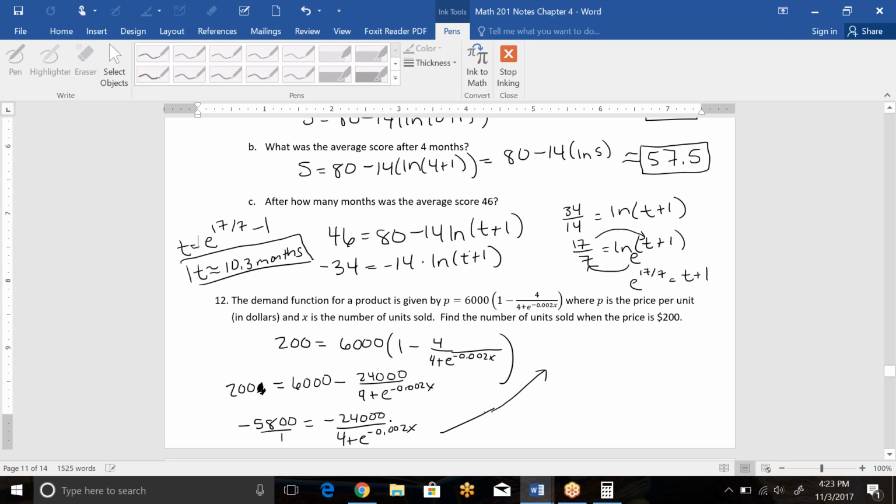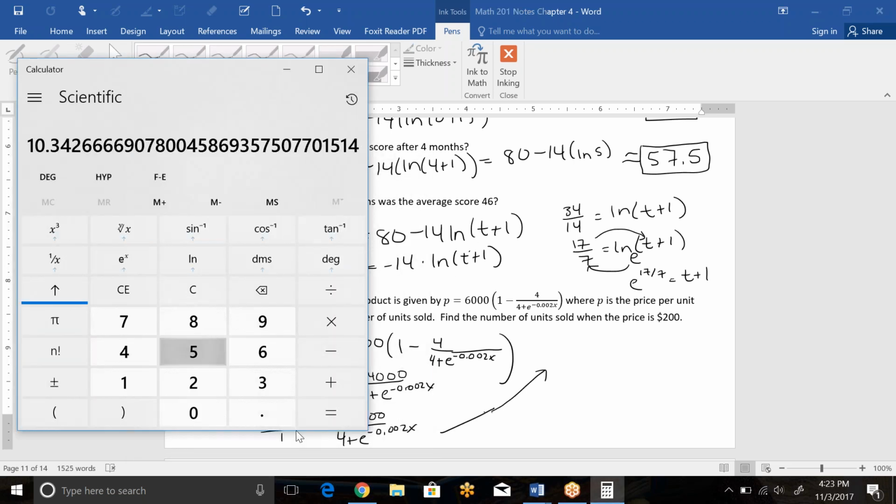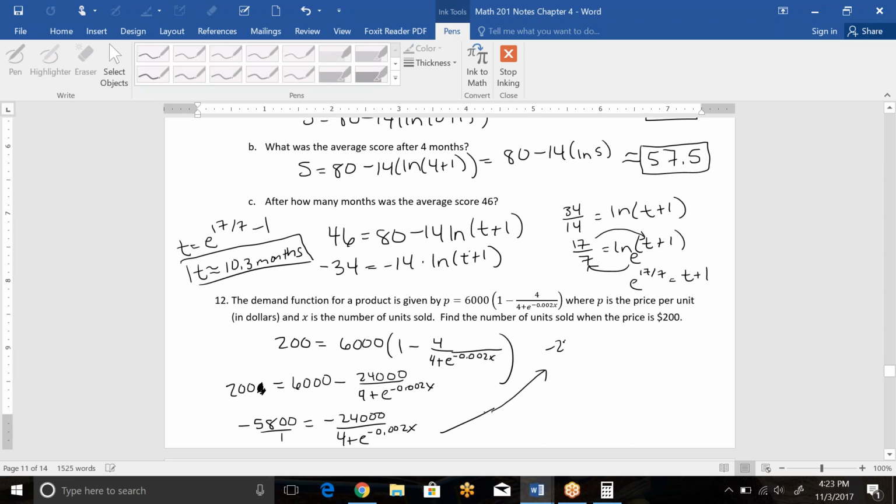So negative 5,800 times 4 is negative 23,200. And then we also have to multiply that times the e, so negative 5,800 e to the negative 0.002x, and that's going to be set equal to the negative 24,000.